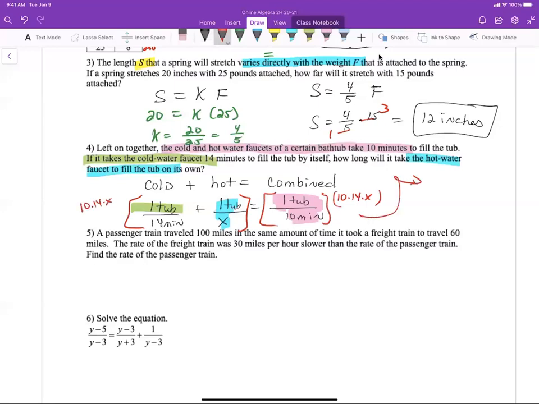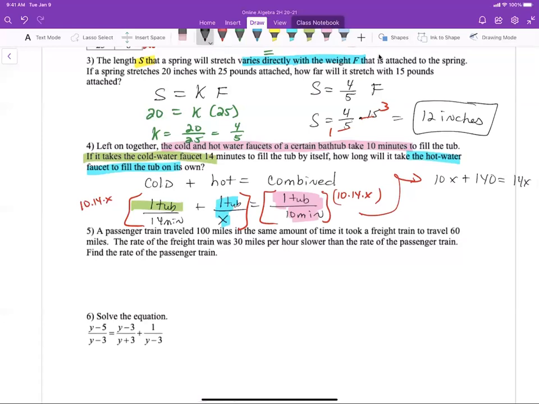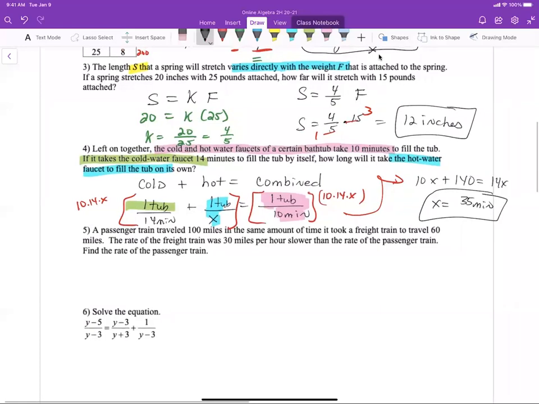And when I do that, I get 10x plus 140 equals, and then my 10 cancels and I get 14x, and then I'll combine my x's and divide, and I will find x to be 35 minutes. And that was the time that the hot water took.